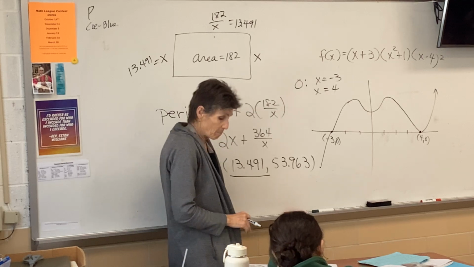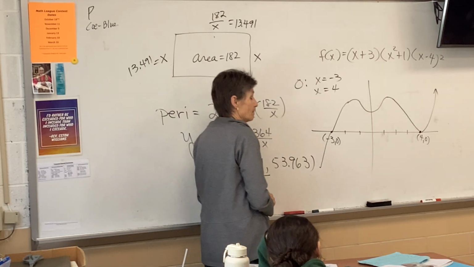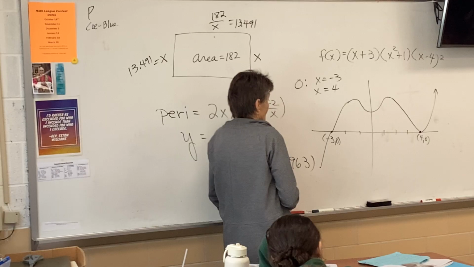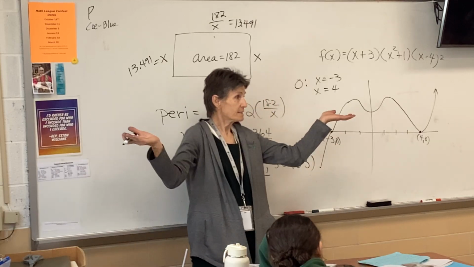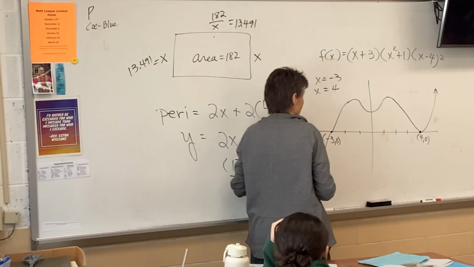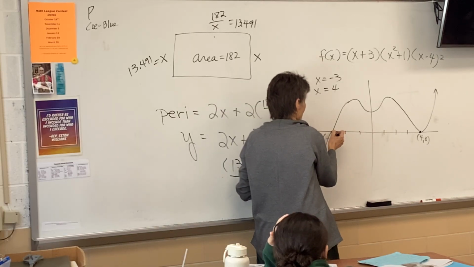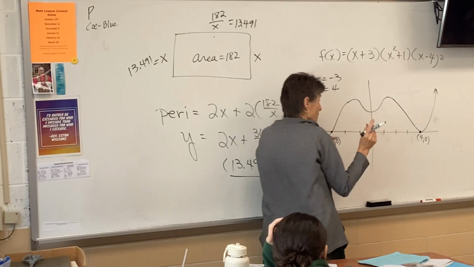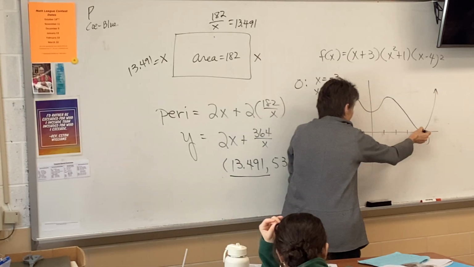Now, where are we positive? Positive means above the x-axis. So where are we positive? From -3 to 4, but be careful, this breaks it up.